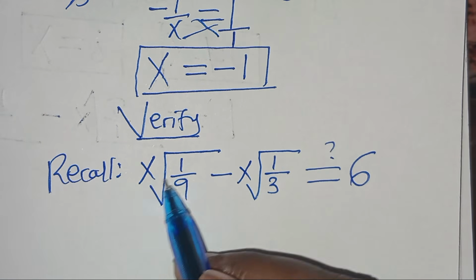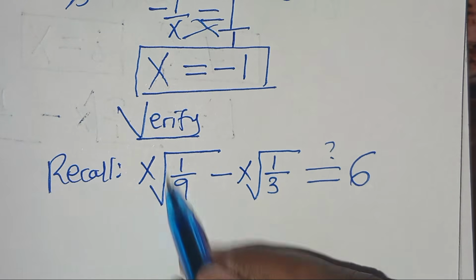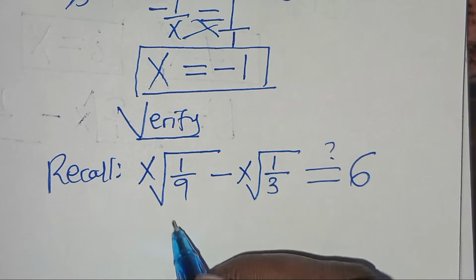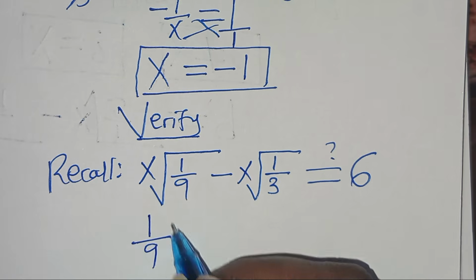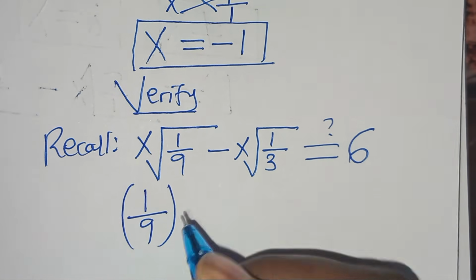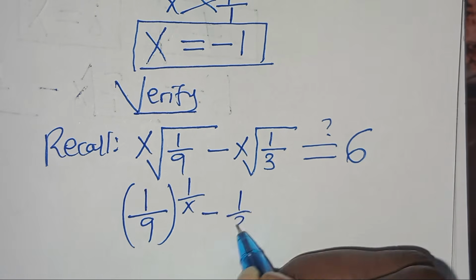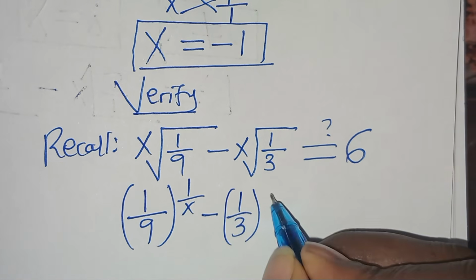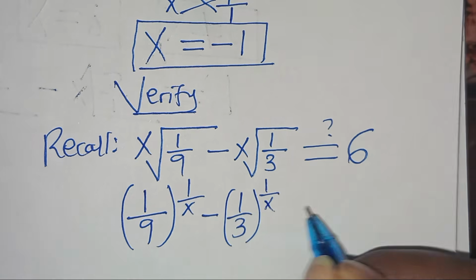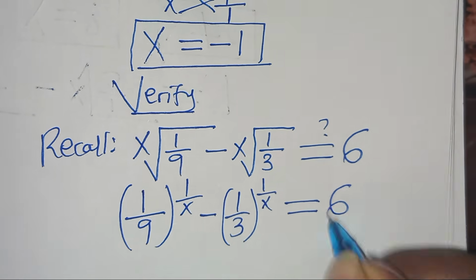Substituting x, we can express the x root of 1 over 9 as 1 over 9 raised to the power of 1 over x minus 1 over 3 raised to the power of 1 over x. This is equal to 6.